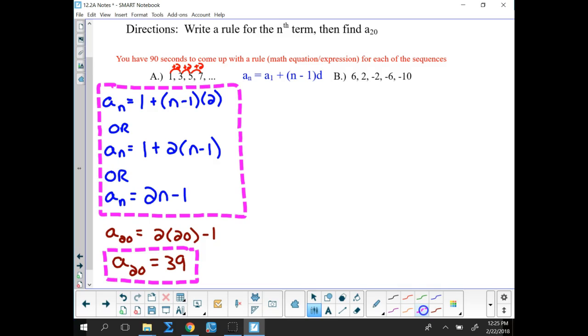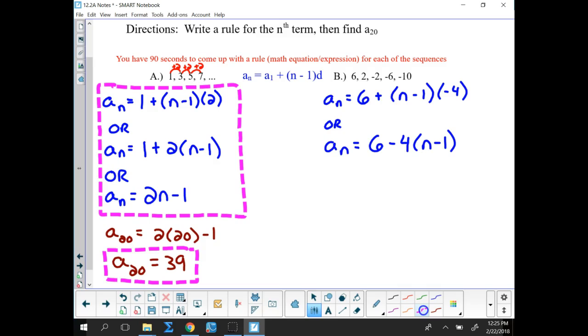Yeah? Okay. Second one. What's my first term? Shout it out. 6 plus n minus 1 times my common difference, negative 4. So that's one of them. That's another one.